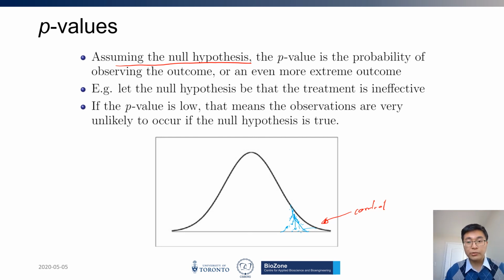What is the p-value then? You need to assume that you can model your treatment group using the distribution in your control group. That's your null hypothesis. P-value is the probability of observing what you observe in your treatment, or an even more extreme outcome.